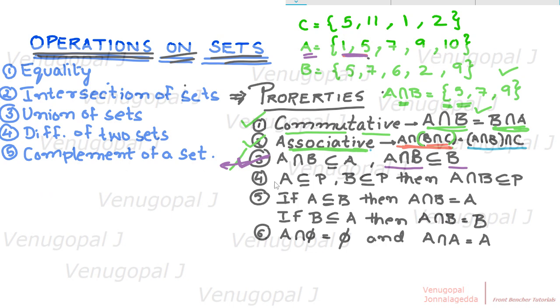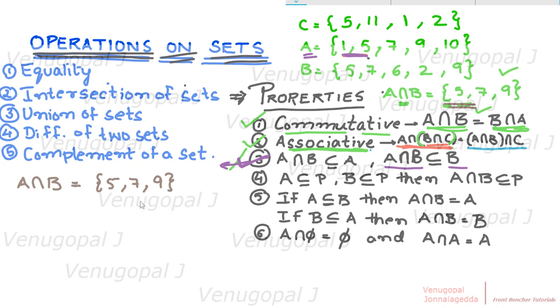Okay, so let's take the second part of the third point, which is A intersection B. Now we already have these elements over here. A intersection B is a set which has 3 elements, so 5, 7 and 9, right?